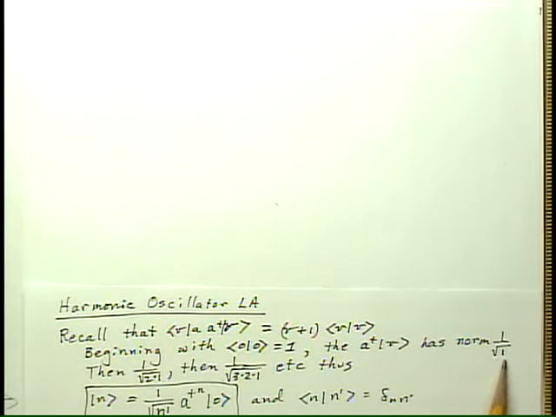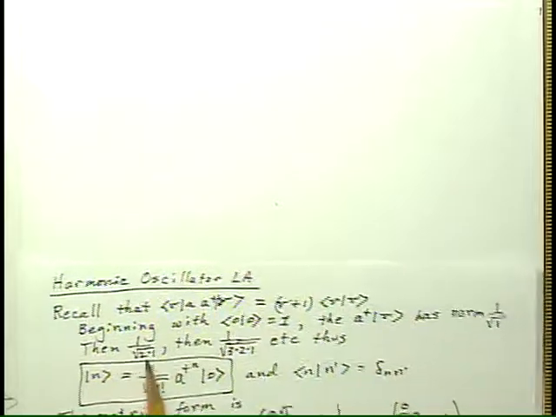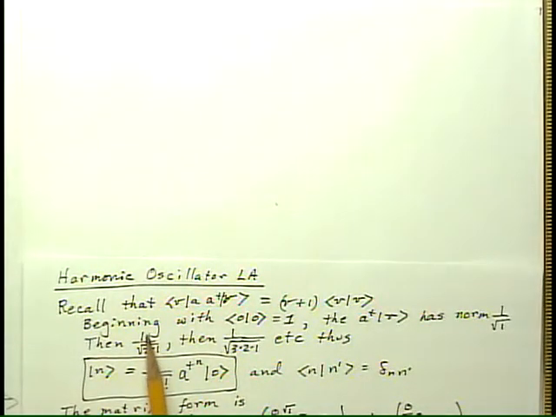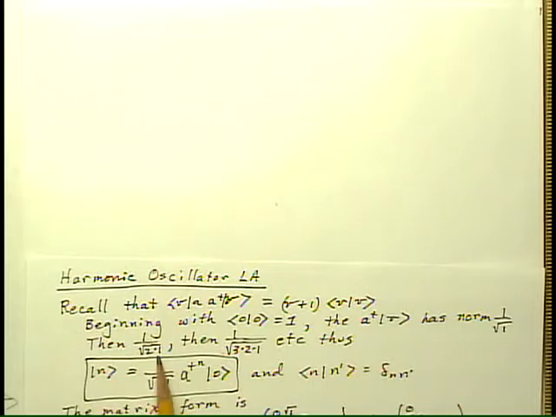Therefore, we must take 1 over the square root of 1 in order to get the eigenvalue. The next one of those, as we go up, is going to have to be multiplied by 1 over the square root of 2 times 1. Then 1 over the square root of 3 times 2 times 1.